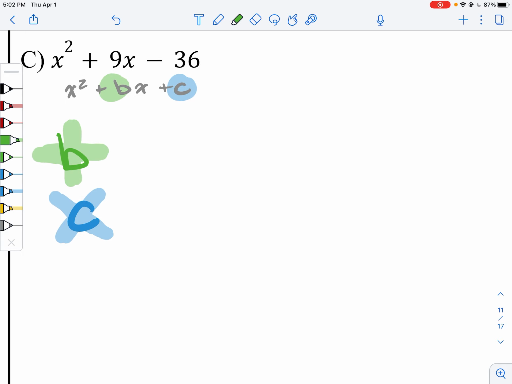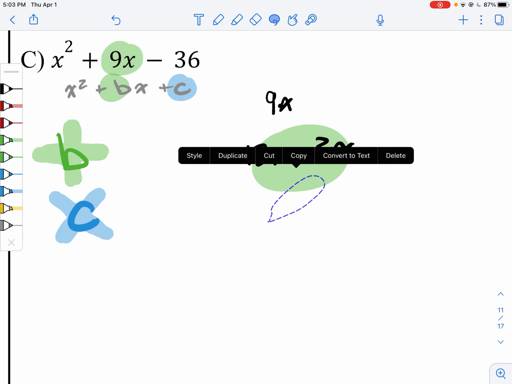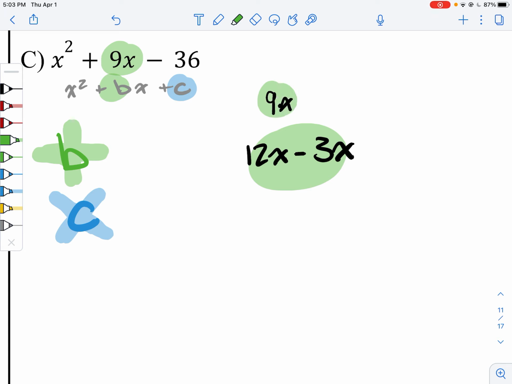So I can rewrite my 9x as a combination of two terms. I can say 9x is 12x minus 3x. And unless you know where you're going with it, it's hard to figure out what those two should have been. Why did I pick 12 and 3? Why didn't I pick 11 and 2, or 4 and 5? But I'm going to show you this method just in case you want to use it.